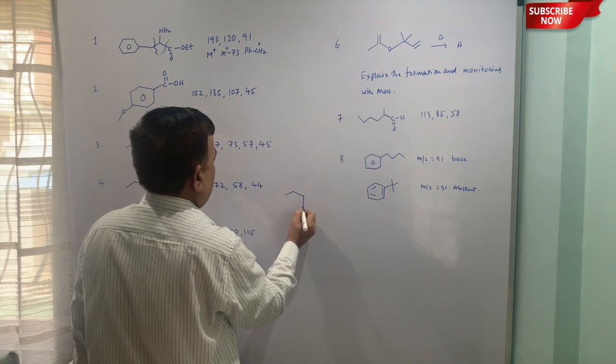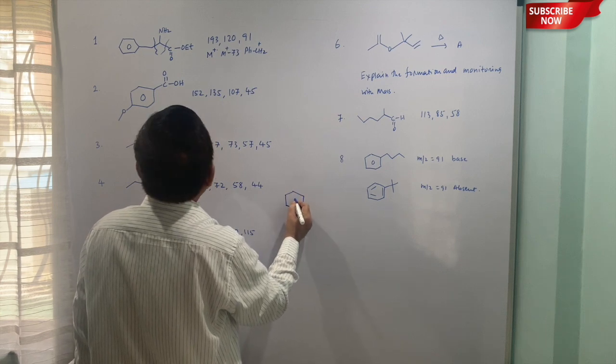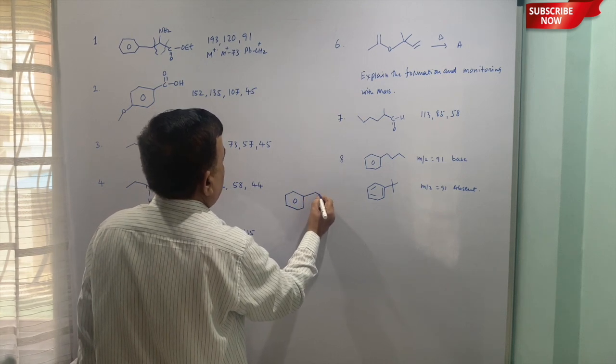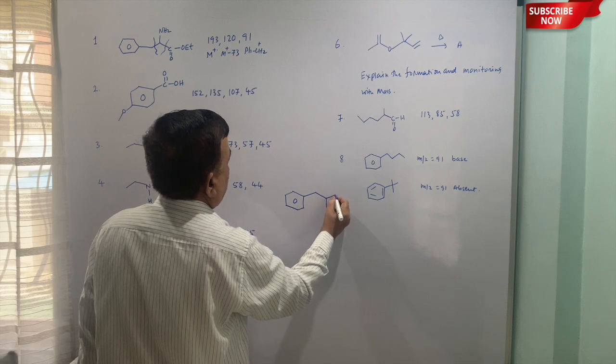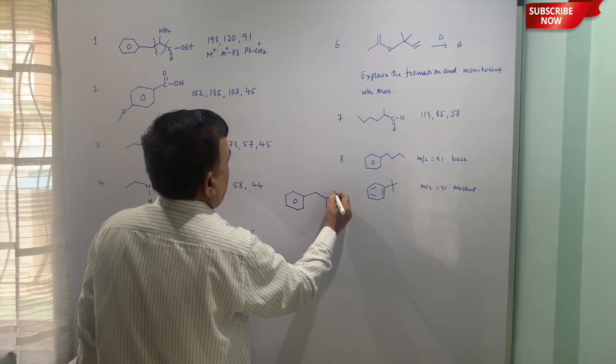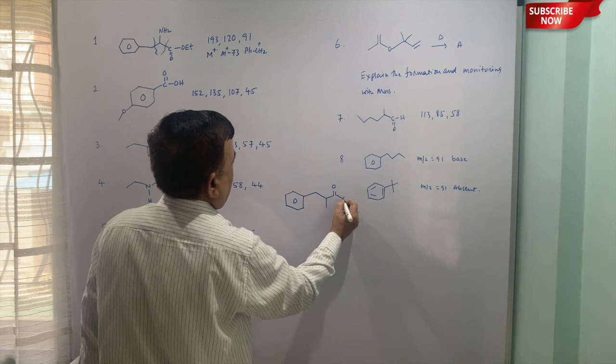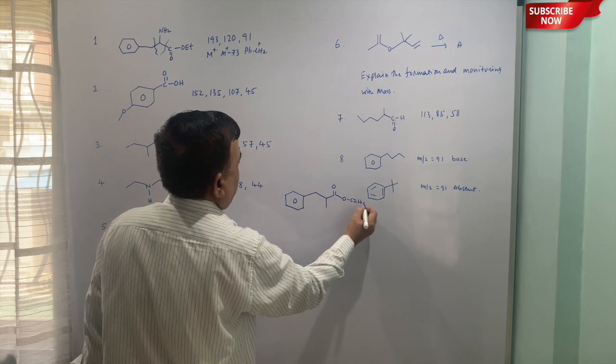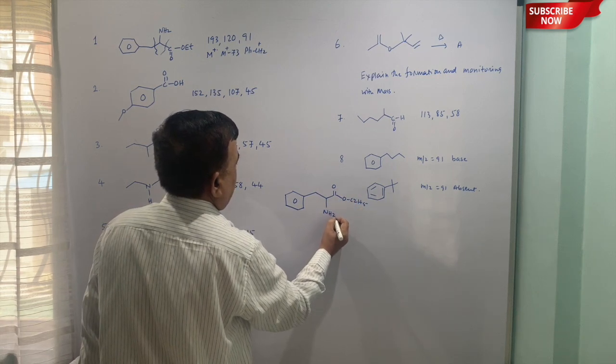So first of all, let me put it this way. OC2H5 and this is NH2.